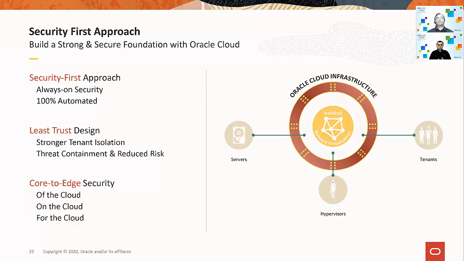securing the actual infrastructure, providing inter-tenant isolation. So we've got isolated network virtualization when we talk about our infrastructure. So when a customer is on Oracle Cloud, they are completely isolated from other customers. We don't have access. I mean, we don't even trust ourselves. We don't have access to customers. Customers don't have access to us or to other tenants either. It's a least trust design. You allow what you want to communicate.